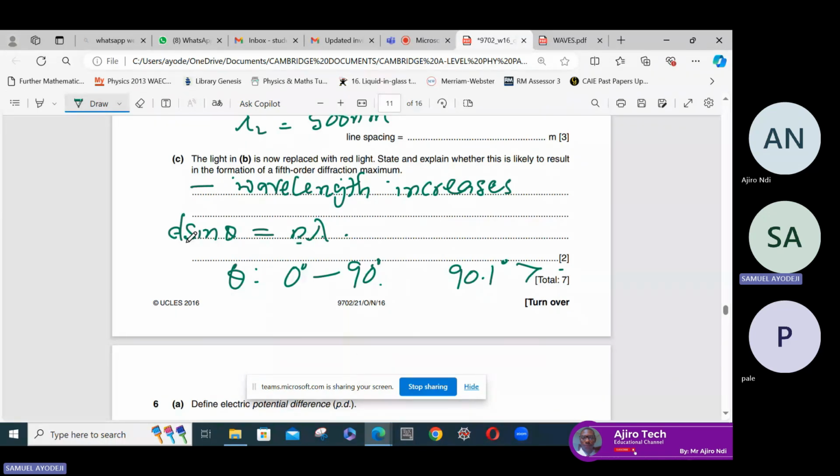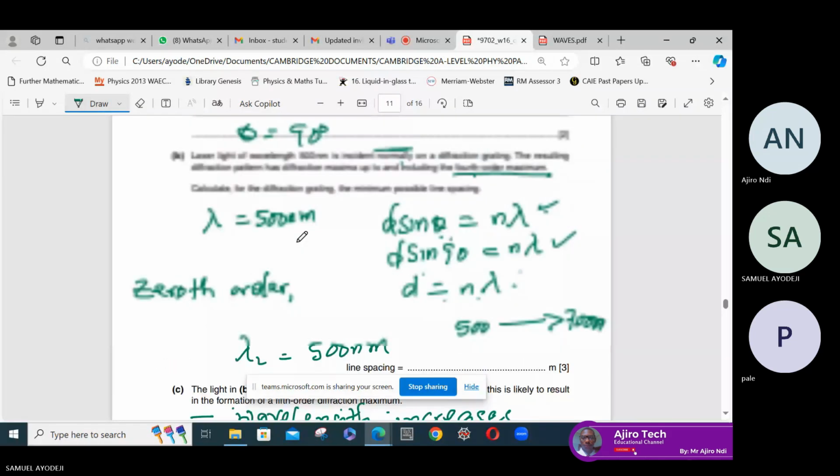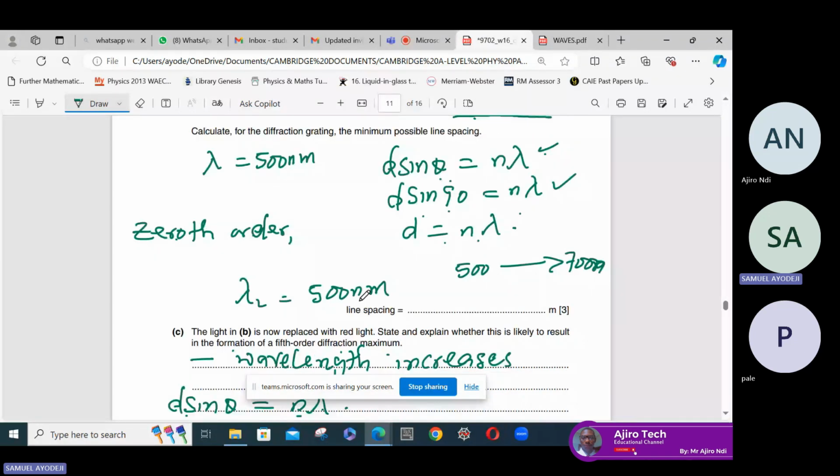Then d is what you are looking for, so let's calculate d. I calculated it: it's 2.0 times 10 to the power negative 6.